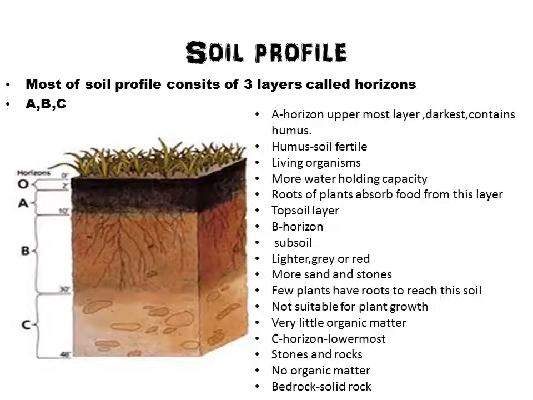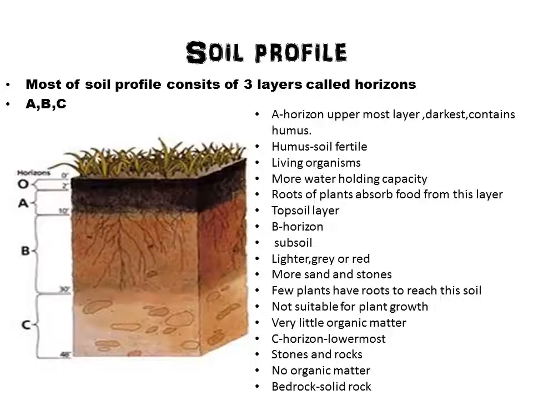Some living organisms are also present in this upper portion, the A horizon. It also helps in improving the water holding capacity, and roots of some plants absorb food from this layer. So this is the topmost layer, hence it is called the topsoil layer.